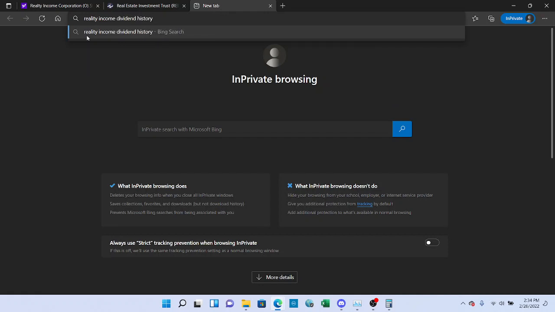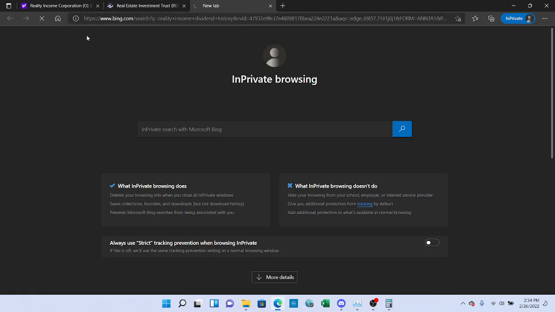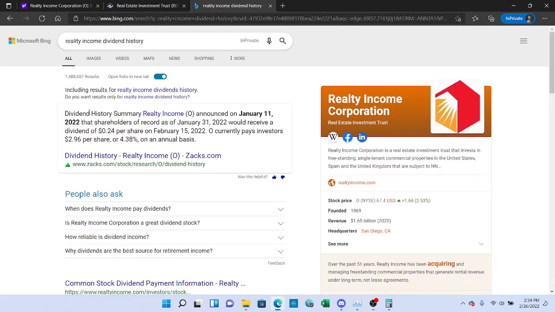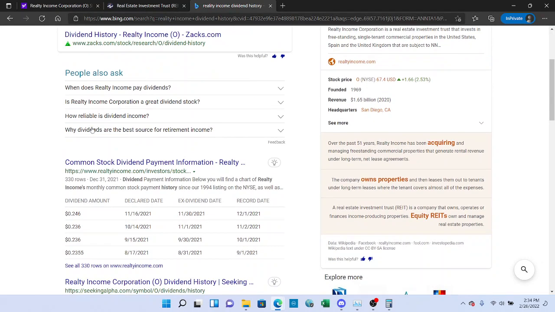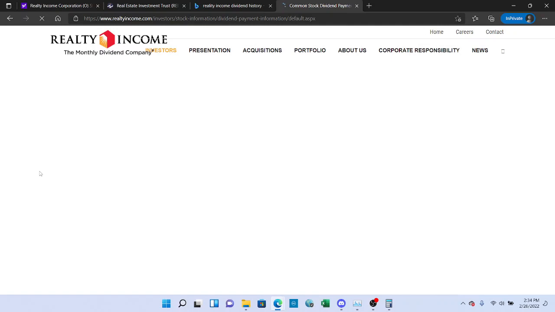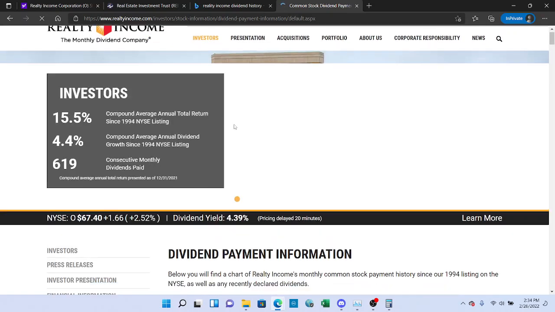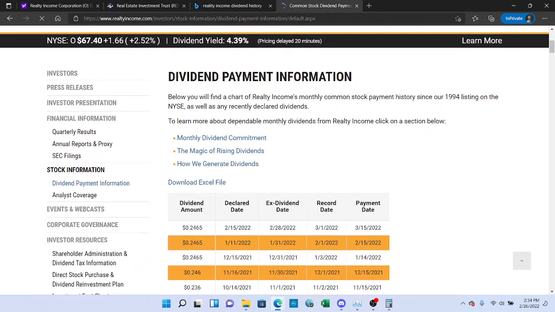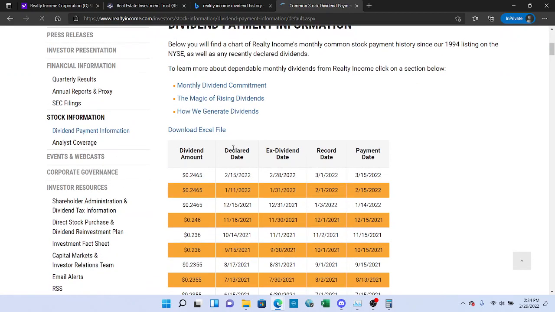So, here in the search bar, I'm typing Realty Income Dividend History. And I guess I could find this information straight from their company website. So let's go ahead and look at that.